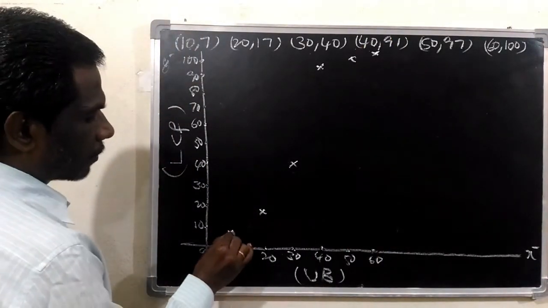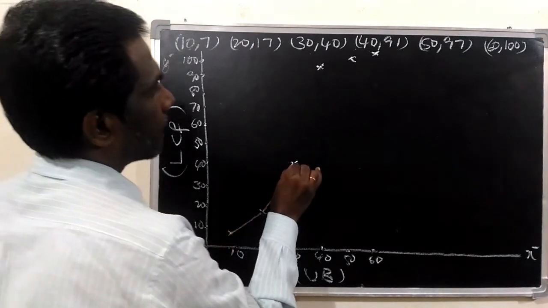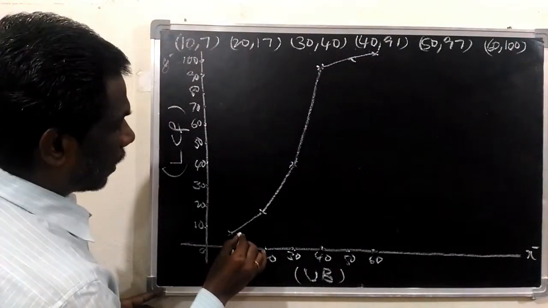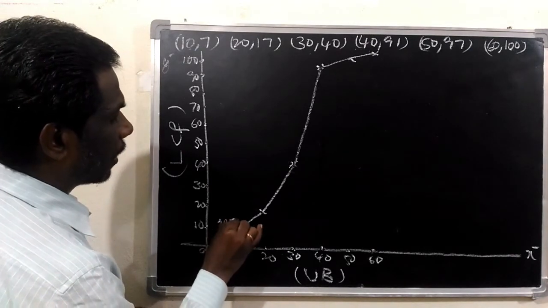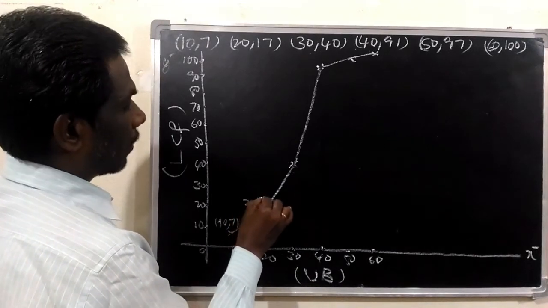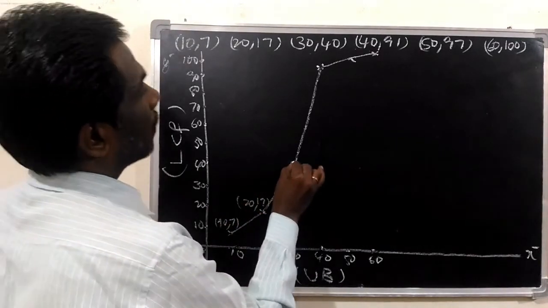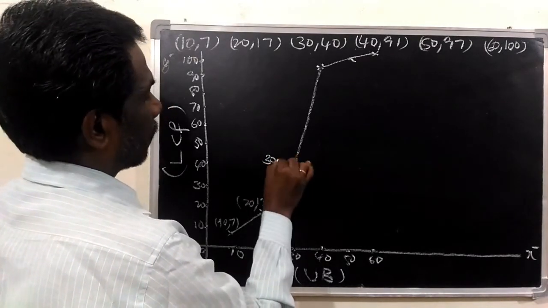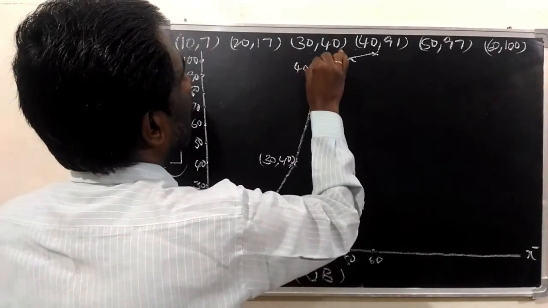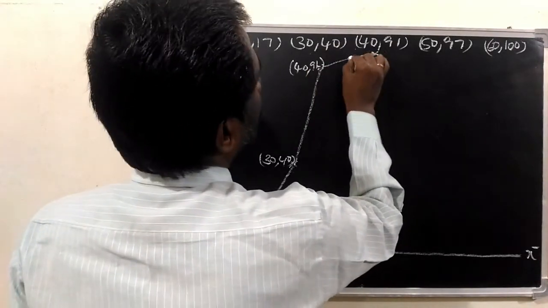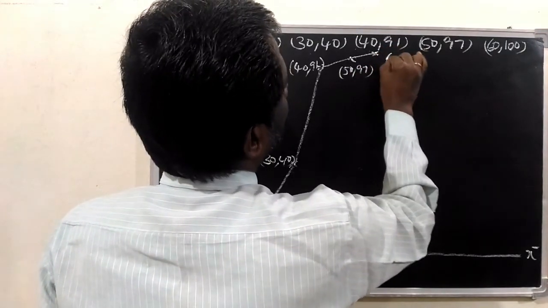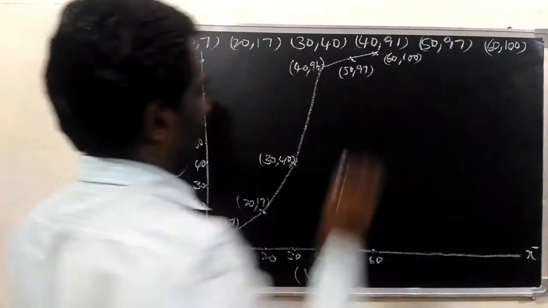Now we have to join these points. This point is 10 comma 7, this point is 20 comma 17, this is 30 comma 40, this point is 40 comma 91, this is 50 comma 97, and the last one is 60 comma 100.